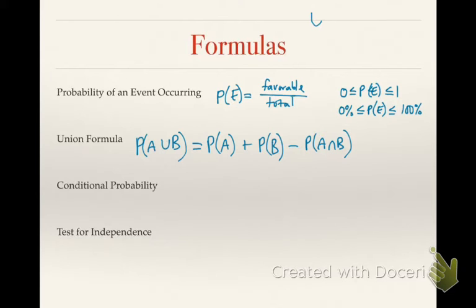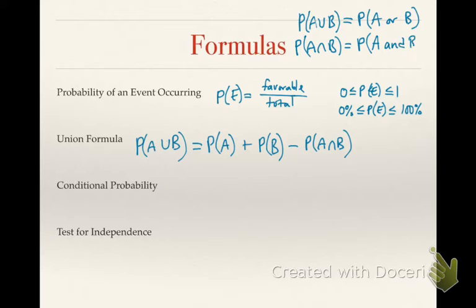Notice there's important symbols. Probability of A union B is the same thing as probability of A or B. Probability of A intersection B, when you see that, that's talking about the probability of A and B. It's important to make those connections between the symbols and the words.